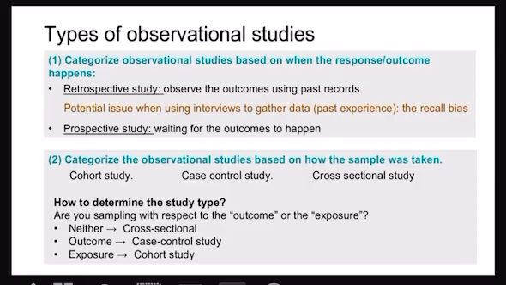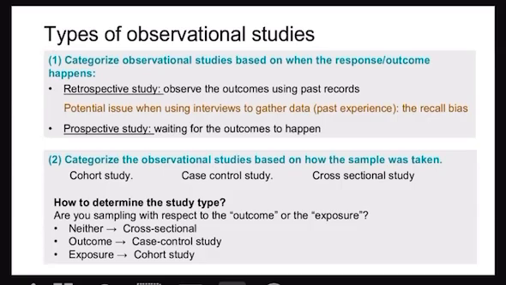Some of them may not be able to, and we don't want a situation where the kind of information we're going to be getting is not accurate. What is the essence of analyzing data set that is not accurate? It's a waste of time. So retrospective is looking backward using what I call historical data or going to record, and you observe the outcome, like those who have actually developed the disease.